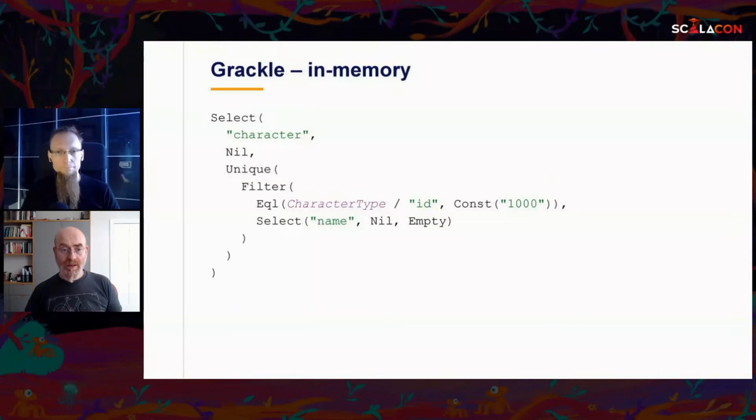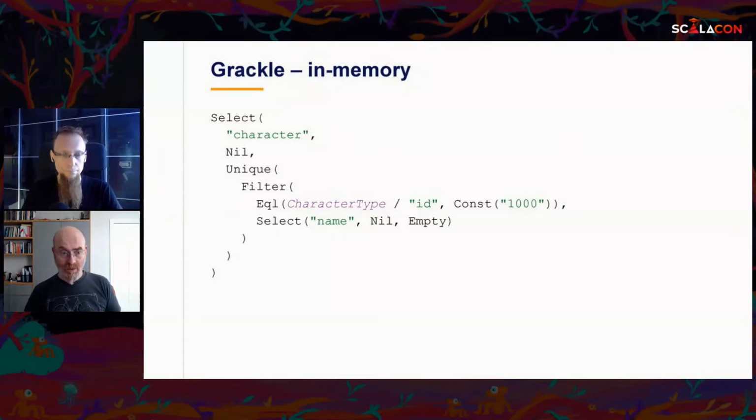So this is what happens after the first stage of elaboration of our query term corresponding to the GraphQL query. There's no defined semantics for field arguments, so we have eliminated those.